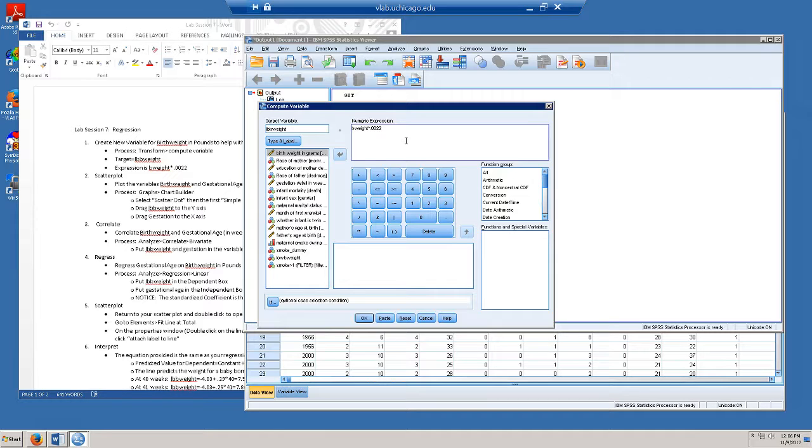Everybody got it? So the new variable is birth weight times 0.0022.